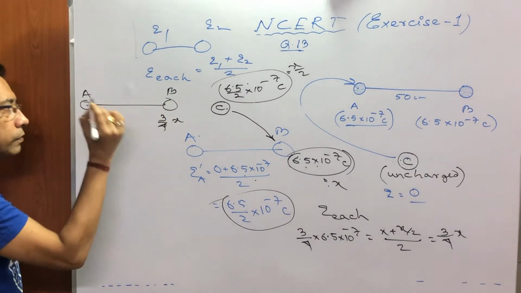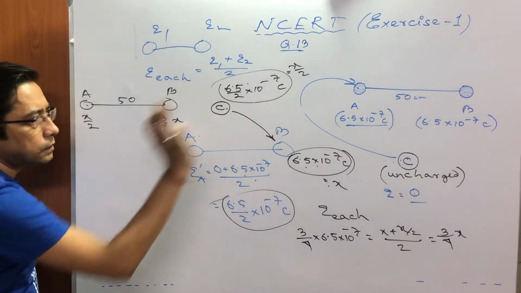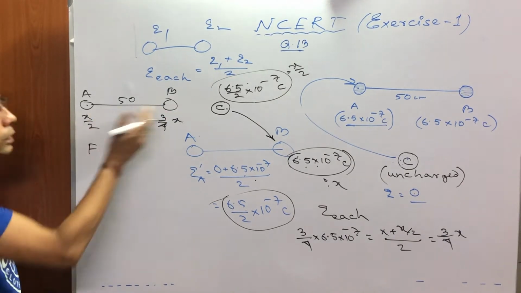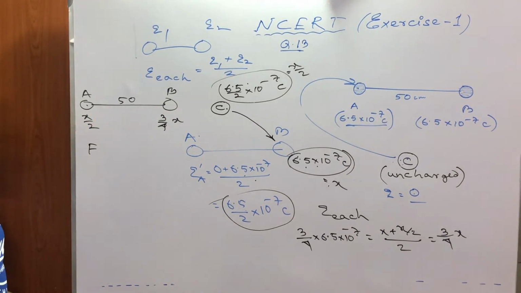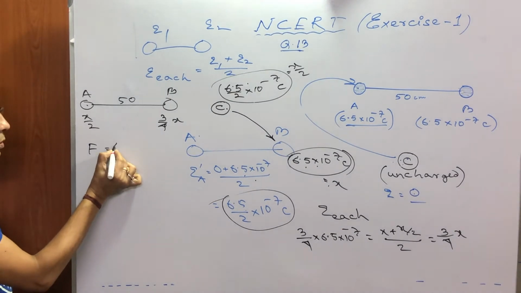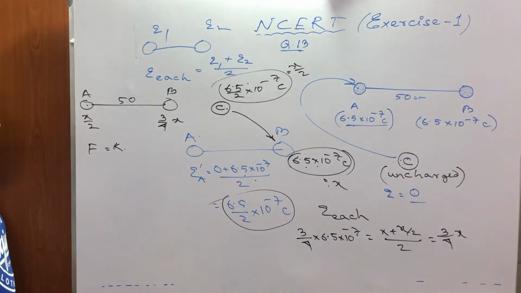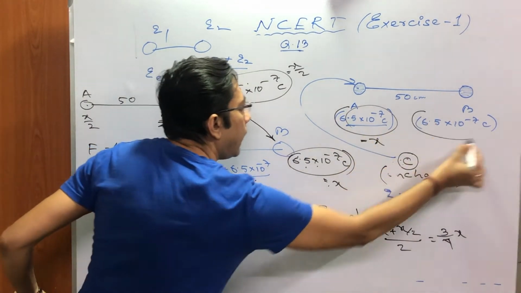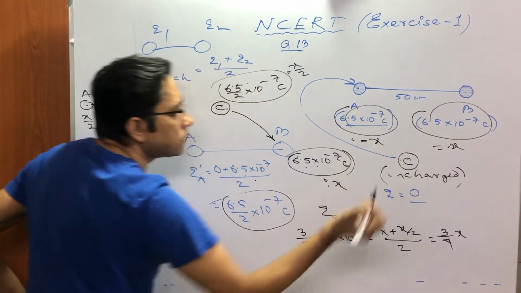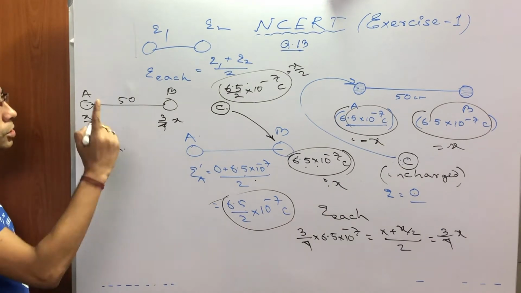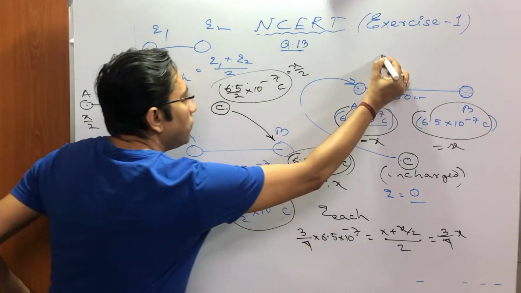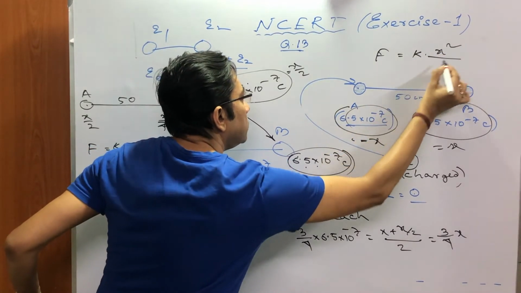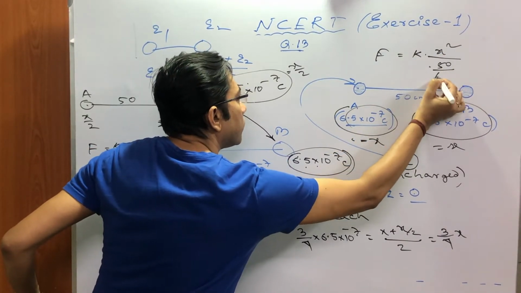Now the distance remains the same, 50 centimeter. It has been asked in the question what would be the new force between them. Simple. F equals K. If the initial charges of A and B were x each, then the initial force between them was K x into x divided by r square.